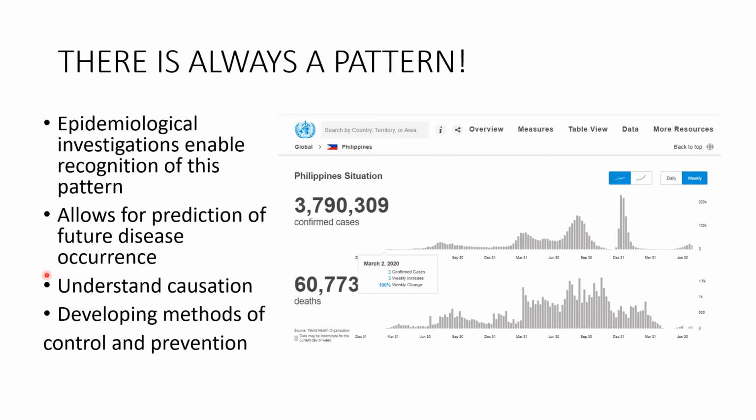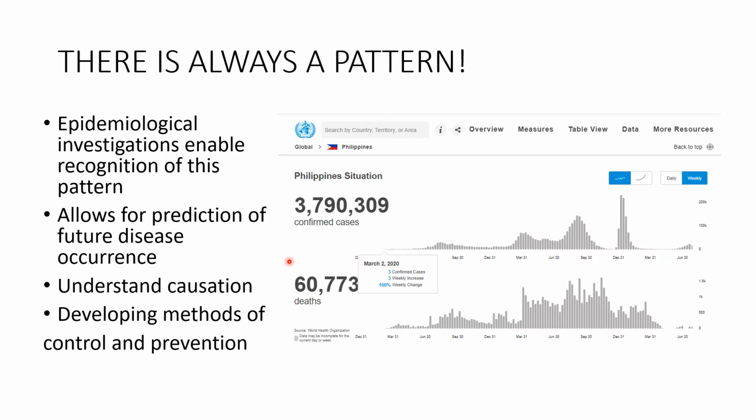So bakit siya nangyari? And of course, it's not only that we need to understand bakit siya nangyari, but we need to develop control. If an outbreak occurs, we need to control it, and of course, we need to develop plans for it to not happen again, we need to prevent it in the future.